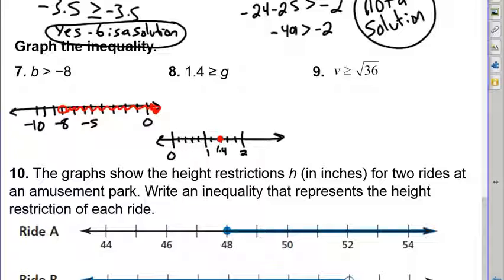In this case, we're saying 1.4 is bigger than our variable, so that implies that our variable is less than or equal to 1.4. So the numbers that 1.4 is bigger than are like 1, 0.6, 0, and those are the solutions. So in fact, I shade to the left for this graph.